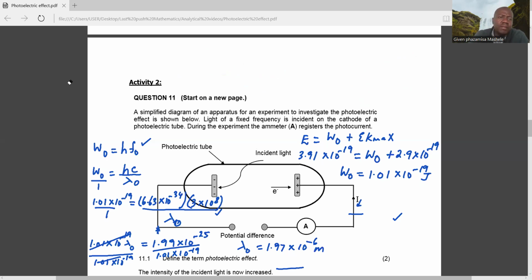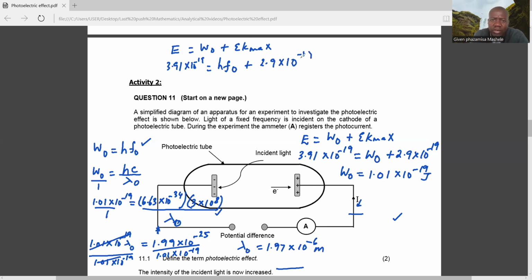Another way would be, we can still do this and say energy of photon is the work function plus the EK max. Then we know we have calculated this. This is 3.91 times 10 to the power minus 19. Then we know this is hf naught plus the EK max, which is 2.9 times 10 to the power negative 19.